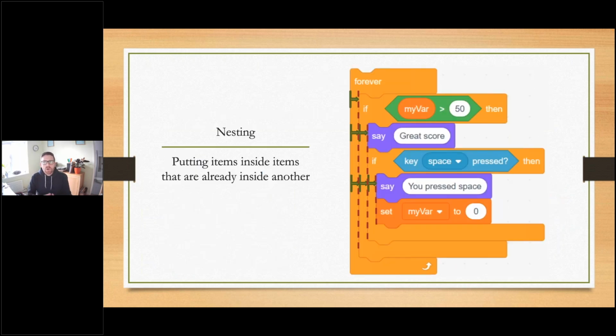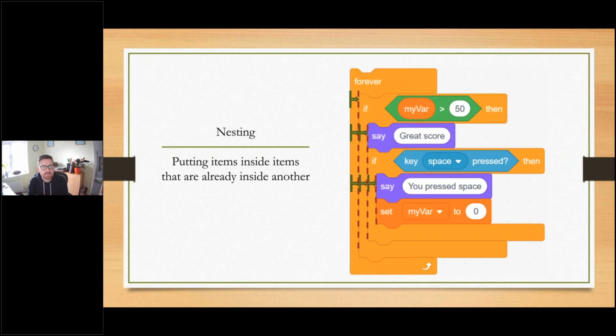Now, in more complex examples, you might find that things happen inside other things that then happen inside something else. So in this case, you can see that there's a forever loop that goes around the outside. Things are pushed inside it, so then we've got a condition that's pushed inside it. And then the bits that happen in those conditions are pushed in again.